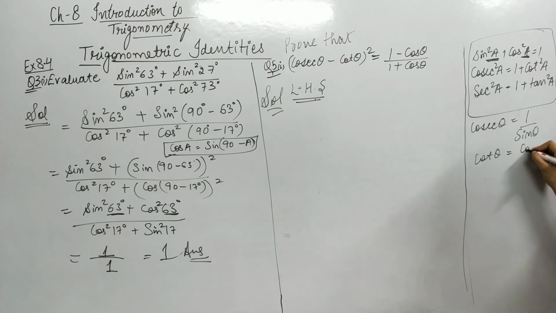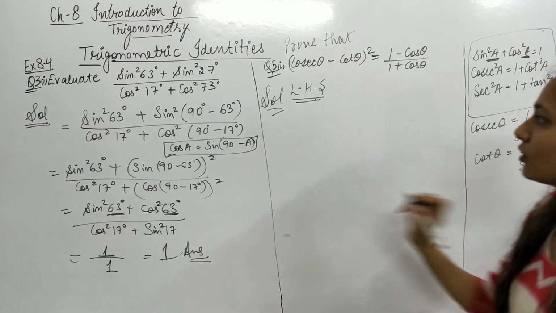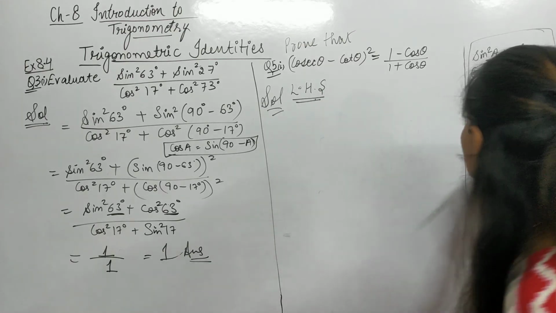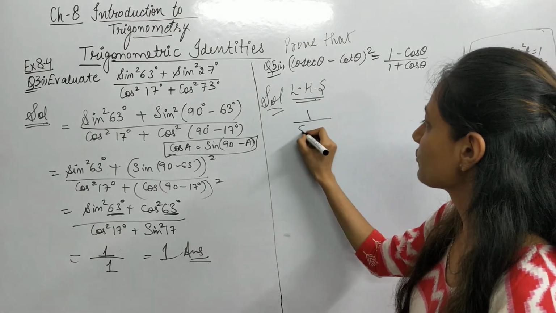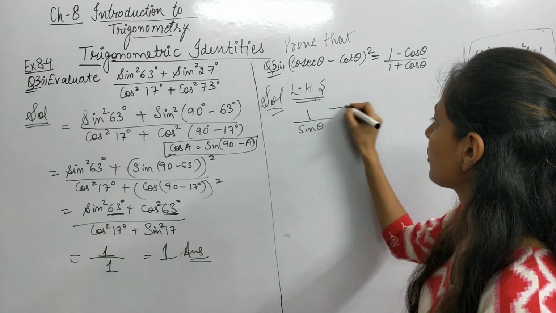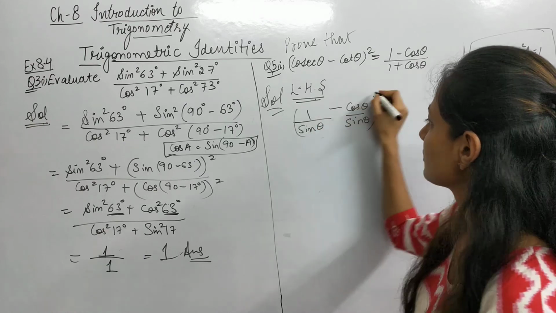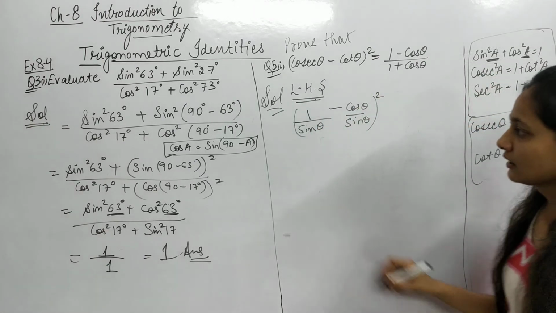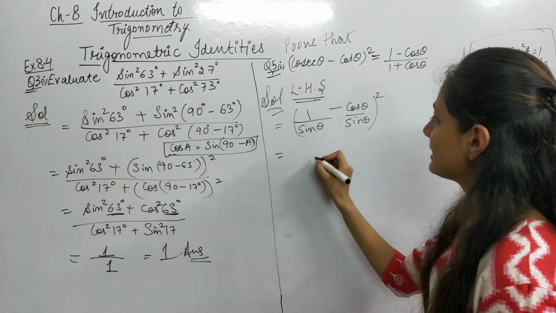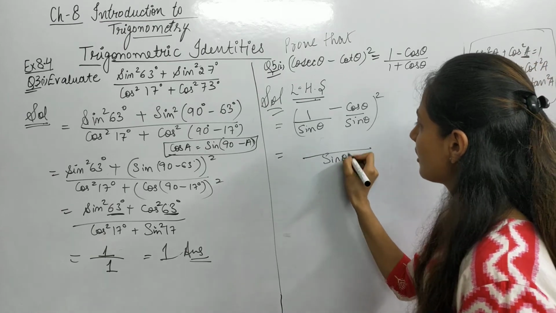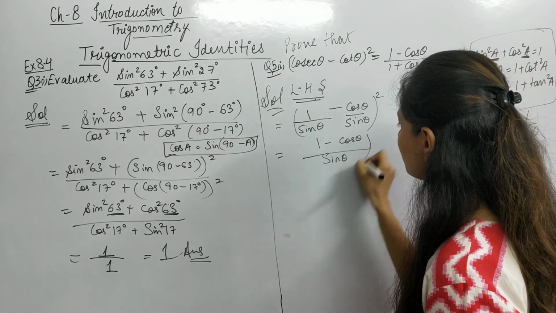Cot theta is cos theta upon sin theta. So you will put these values in this. That cosecant theta is 1 upon sin theta and cos theta upon sin theta whole square. So taking LCM, what you get is 1 minus cos theta whole square upon sin theta.